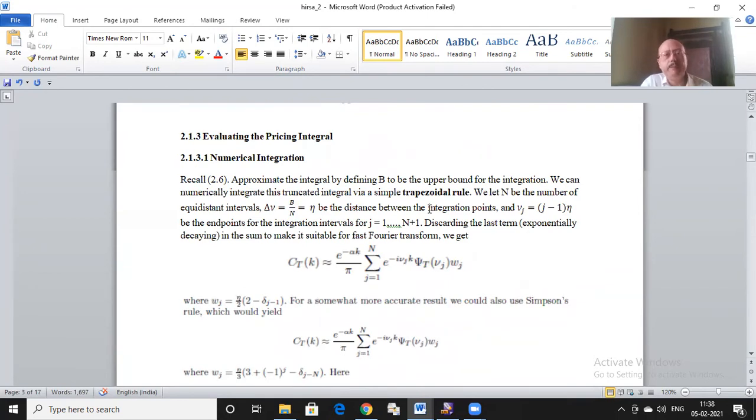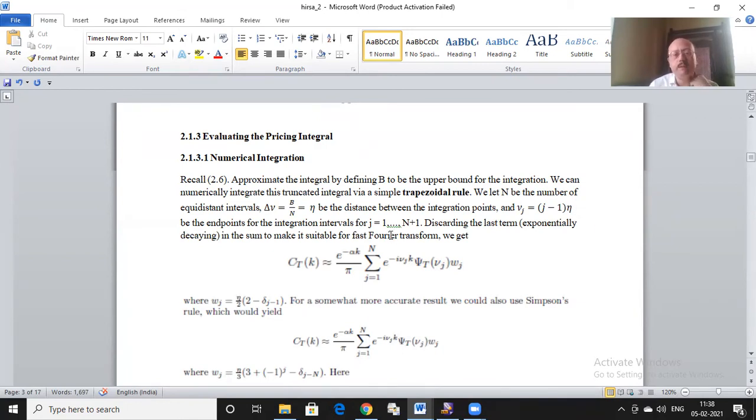Suppose N is the number of equidistant intervals. Then eta, or delta nu, equals capital B divided by capital N, the distance between the integration points. So the evaluation points are eta apart. The jth point nu_j is given by (j minus 1) times eta, from 0 up to capital B. These are our endpoints.